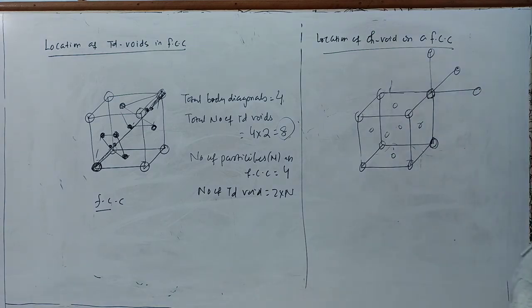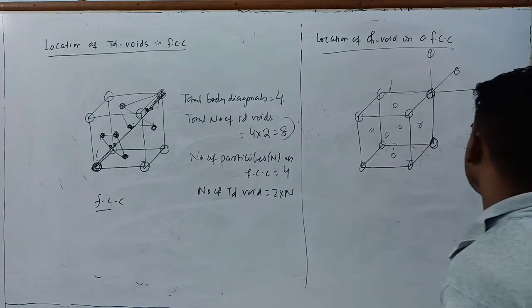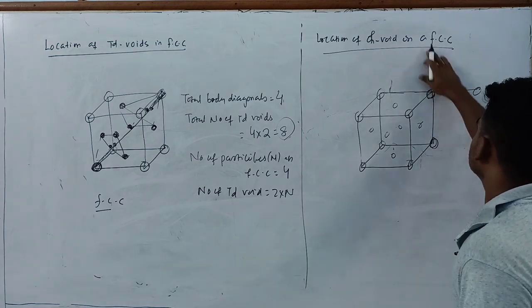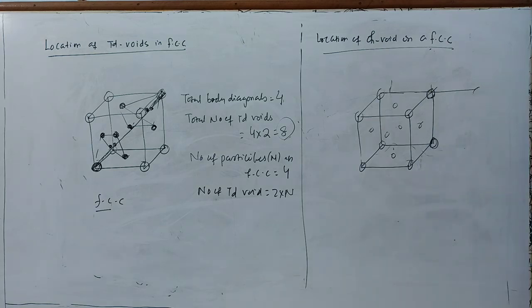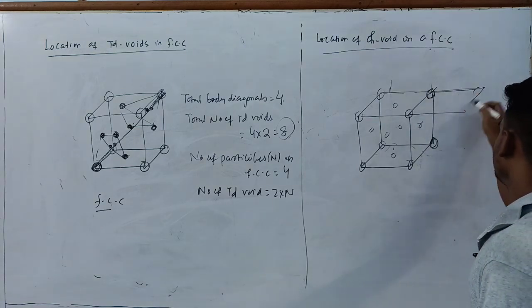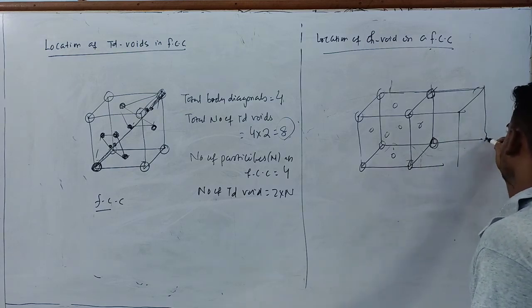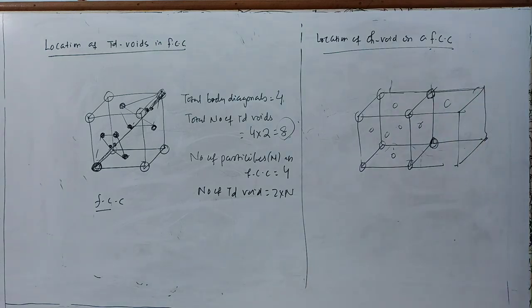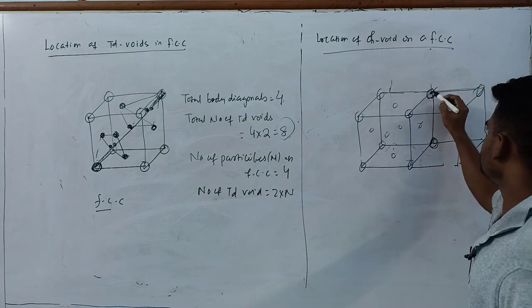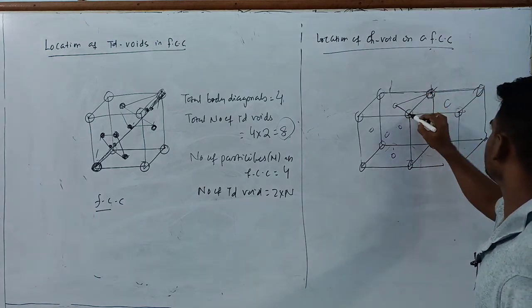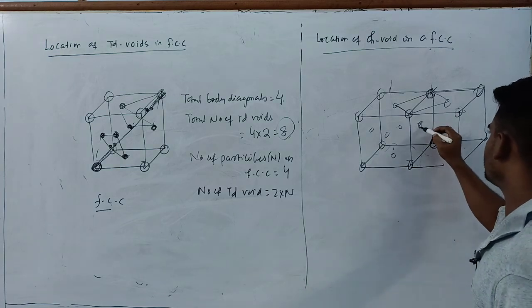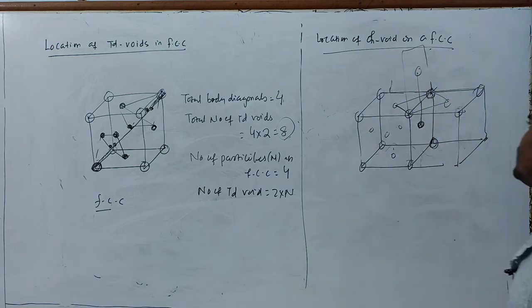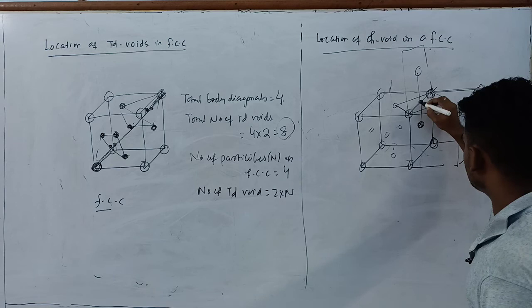Here you see this sphere, this sphere, this sphere, this sphere, and another sphere at the bottom, and another above, because here also another unit cell is there. So the octahedral voids are located at this one.